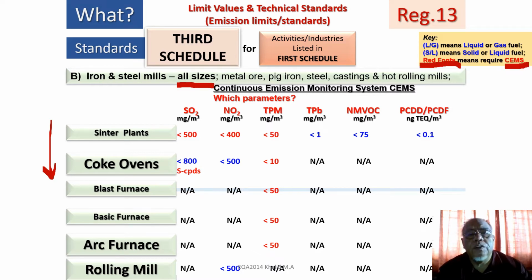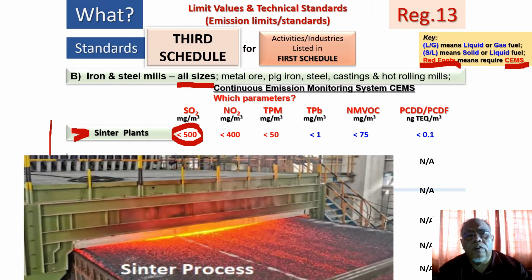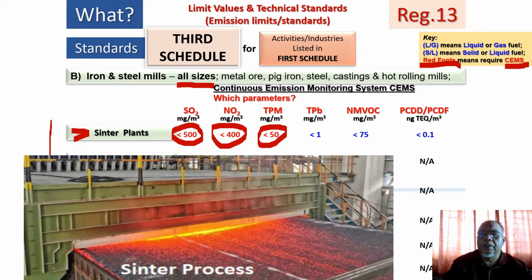If you see red fonts like this one, sinter plants, for the monitoring of sulfur dioxide shall not exceed or be equivalent to 500 milligram per meter cube. And the next one for nitrogen dioxide, 400 milligram per meter cube, and total particulate matter is 50 milligram per meter cube. Look, they are all in red fonts.